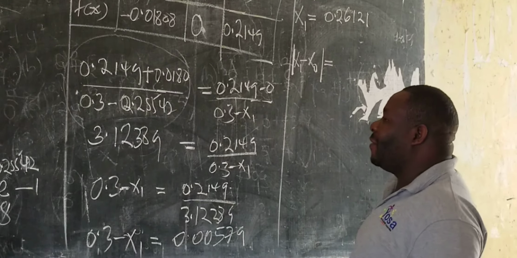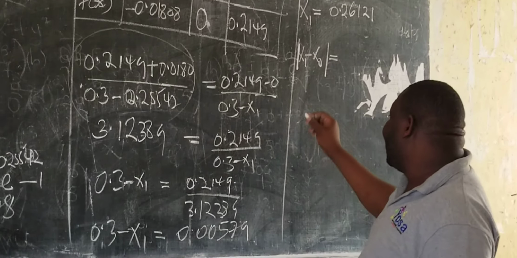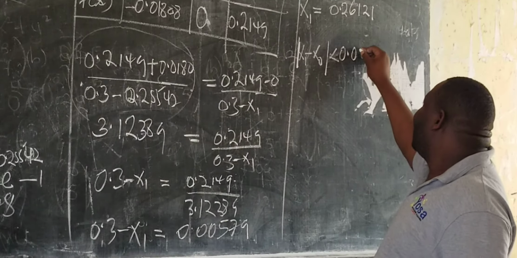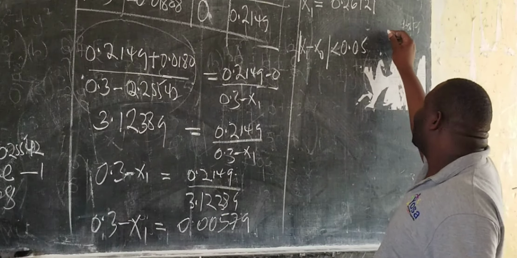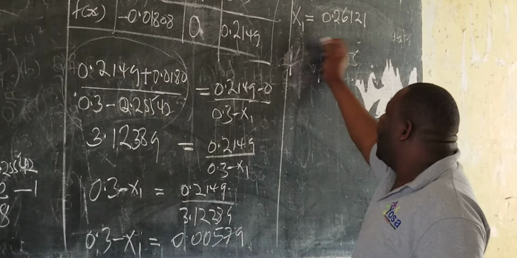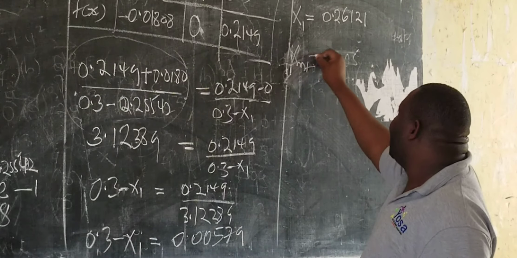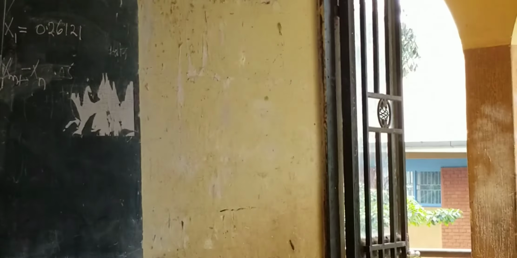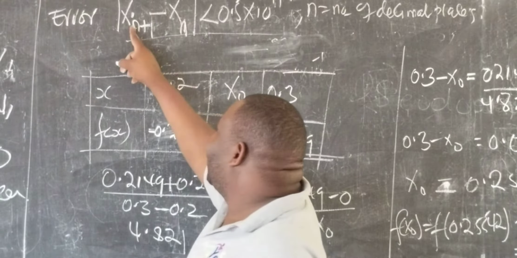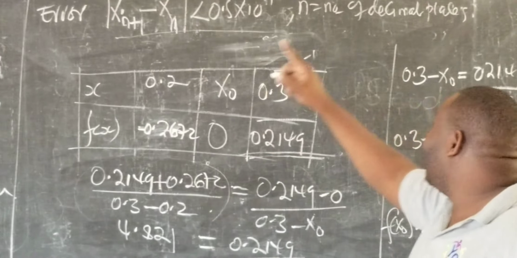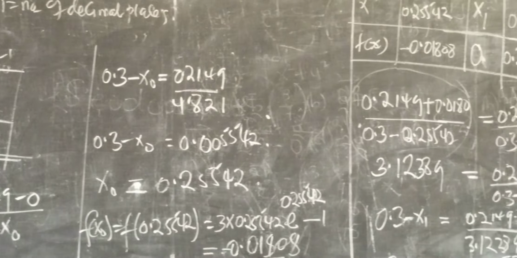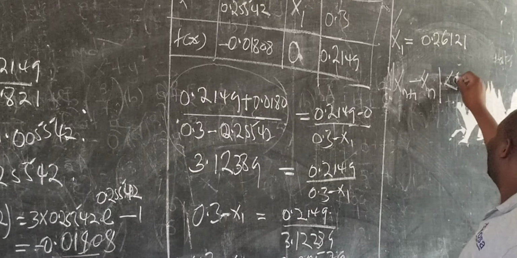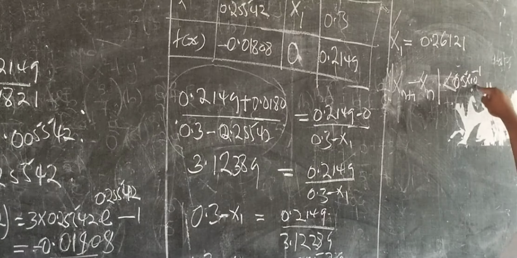What is it giving us? Because you said that for one decimal place, the difference should be less than 0.005, because the condition is the magnitude of x(n+1) minus x(n). This one is supposed to be xn, not x1. Let us change to xn. So x(n+1) minus x(n) should be less than 0.5 times 10 to the power negative 1 for one decimal place.